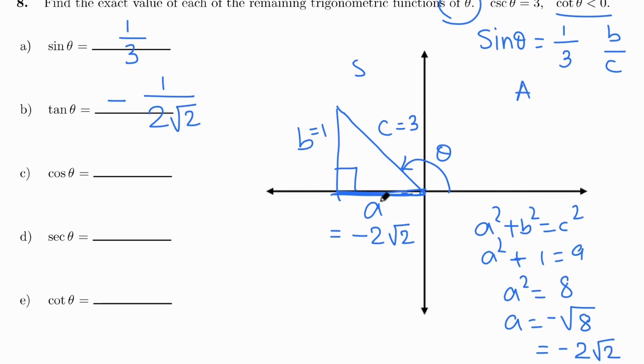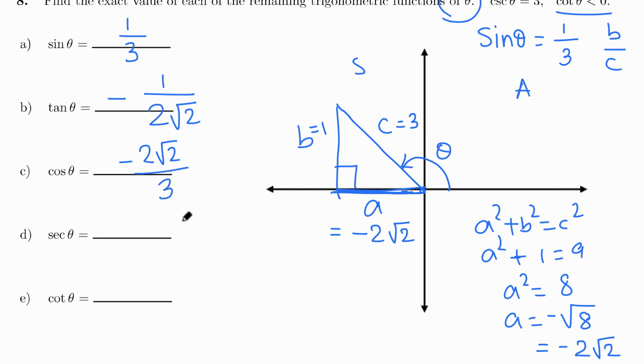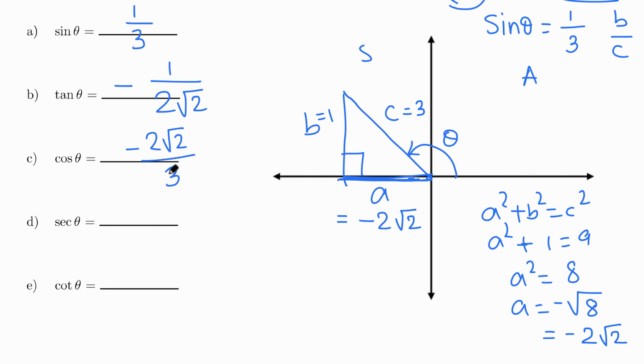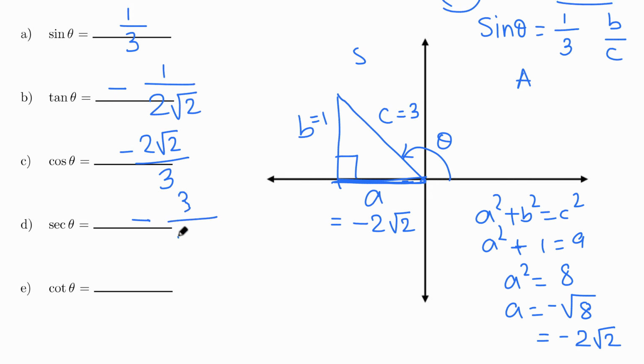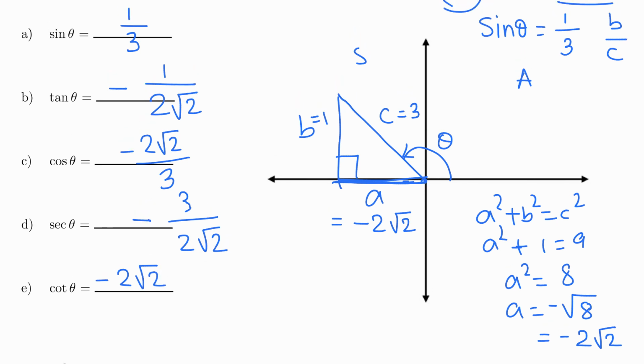Cosine is adjacent over hypotenuse, so negative 2 root 2 over 3. Secant is just the reciprocal of cosine, so negative 3 over 2 root 2. Cotangent is the reciprocal of tangent, so negative 2 root 2 over 1, just negative 2 root 2. Okay.